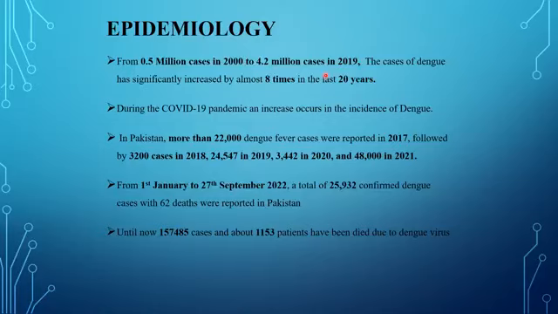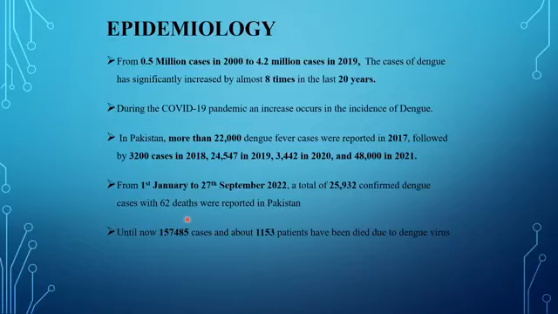In Pakistan, more than 22,000 dengue fever cases were reported in 2007, followed by 3,200 cases in 2018 and 24,547 cases in 2019, 3,442 cases during 2020, and 48,000 cases in 2021. From January to 27 September 2022, a total of 25,932 confirmed dengue cases and 62 deaths were reported in Pakistan.